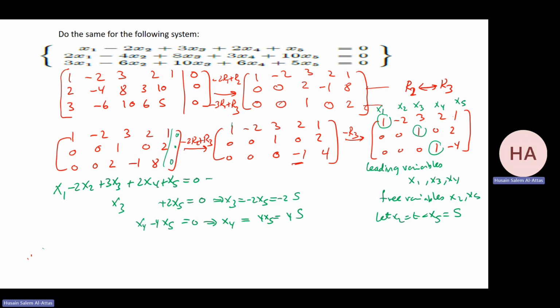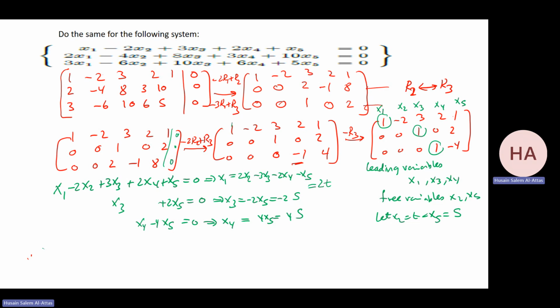And from this one, I'm getting x1. I need to be careful: 2x2 minus 3x3 minus 2x4 minus x5. If we do the calculation, I want to write in terms of t and s. t is x2, so it will be 2t. s is the remaining.